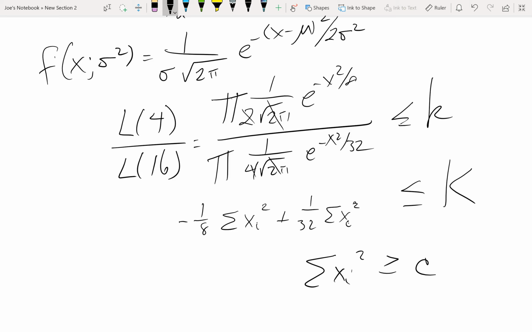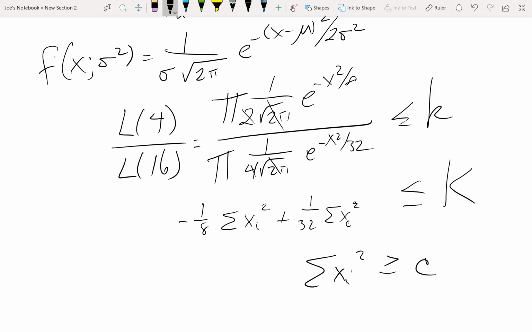Now, I started this problem by saying that your sigma squared was 16, right? But the only reason why the 16 mattered was right here in this part again, right? As long as I picked a variance that was bigger than 4, this fraction is going to be smaller than that fraction, right?